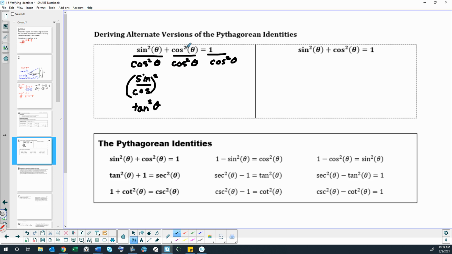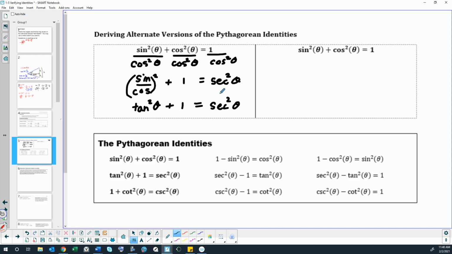Okay, what happens when the numerator and denominator of your fraction are exactly the same? Perfect. Now this should be another identity, a reciprocal identity that you might recognize. 1 over cosine is the same thing as secant, isn't it? Cosine goes with secant, sine goes with cosecant. So this would be secant squared. I probably wrote it more than I needed to, trying to make sense of it.